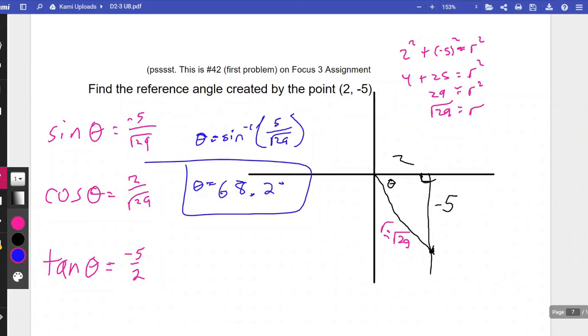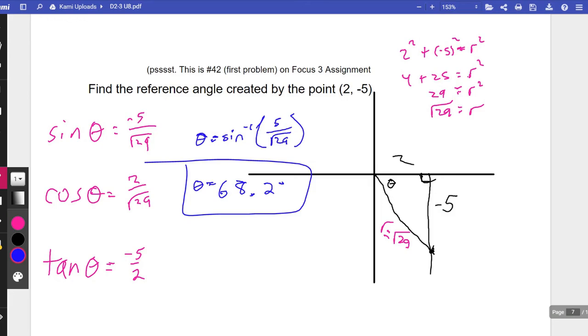I wrote sine, cosine, and tangent, each of the trig functions, and if you have all three of them, you could choose which one you want. There would be no need to do all three of them because you'd be finding the exact same value three times. They all accomplish the same task to figure out what theta is if you use the inverse trig function.